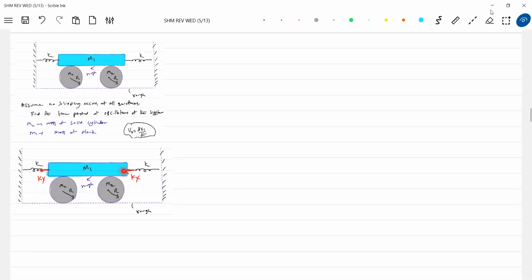So the net force on the plank is towards the left. So there will be friction at this particular point. Call it F1, or only F. This is on the plank. Then on the cylinders it will be in this direction. What about the friction here?